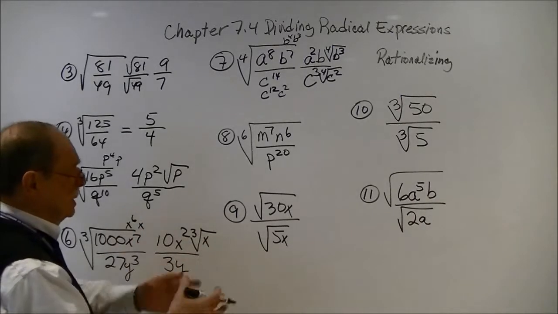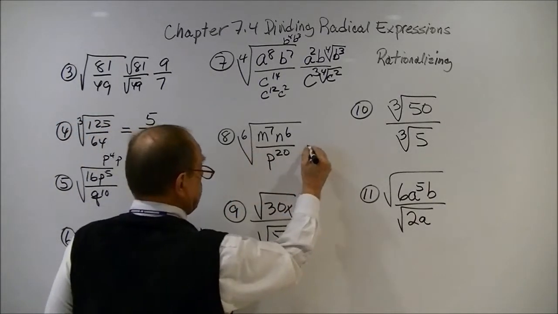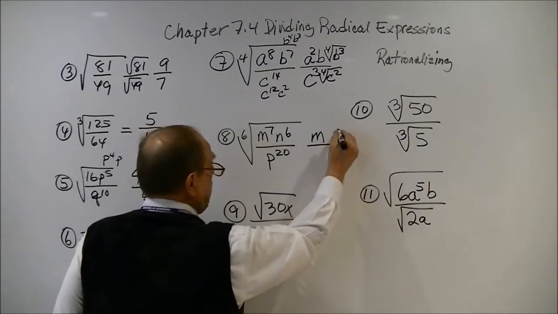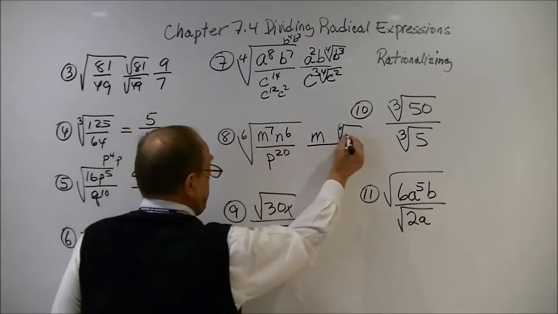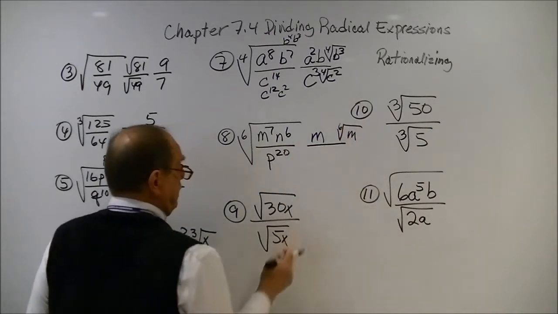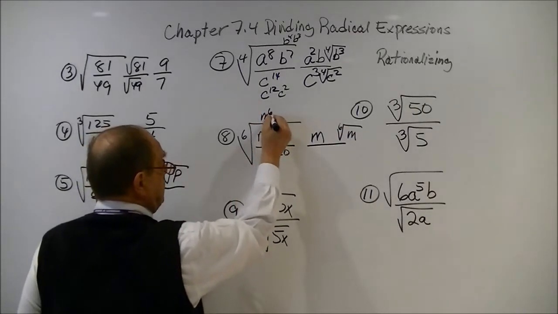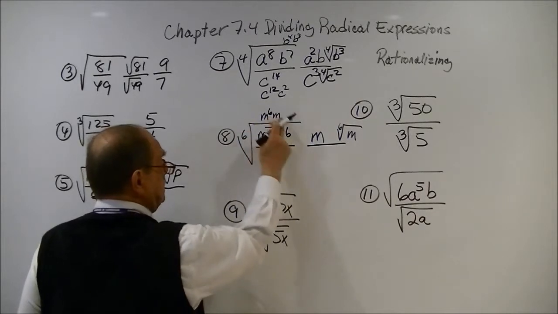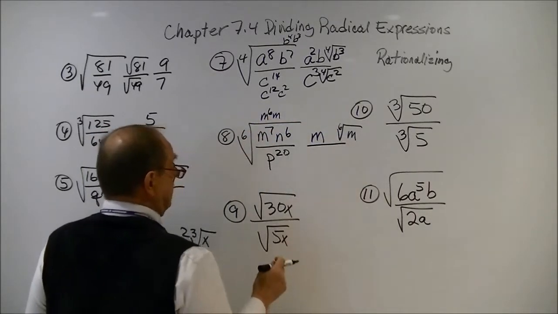And then you're doing similar things down here. In our numerator, we can take out an m, and we're left with an m under the radical sign. Let me just do that for you. That'll be m to the 6th, m. So the 6th root of m to the 6th is m, and we're left with 1 under the radical sign.